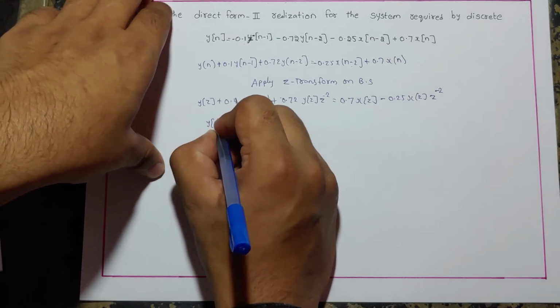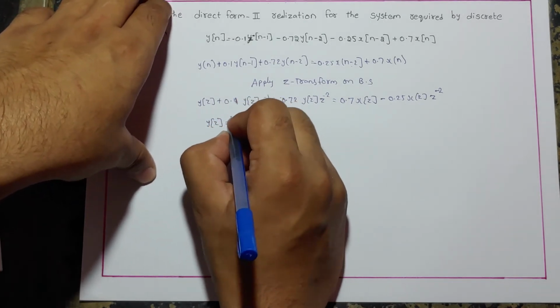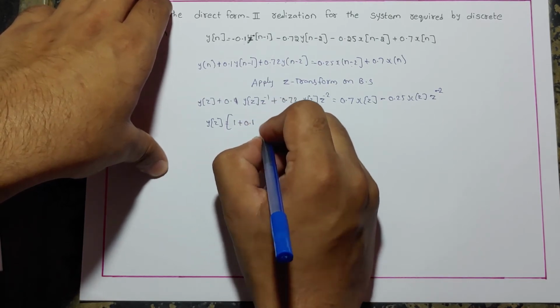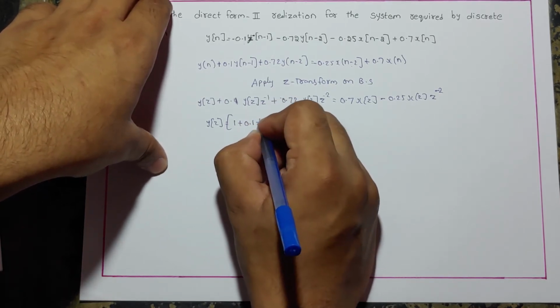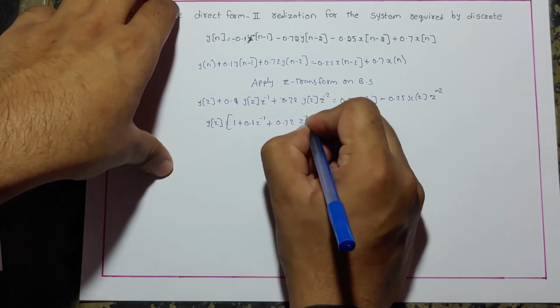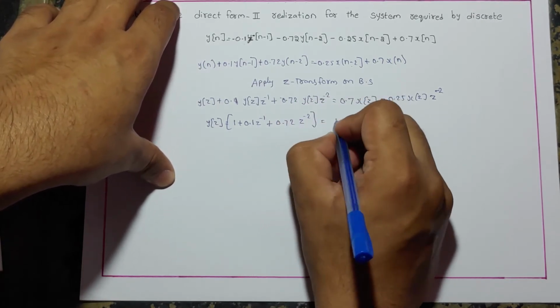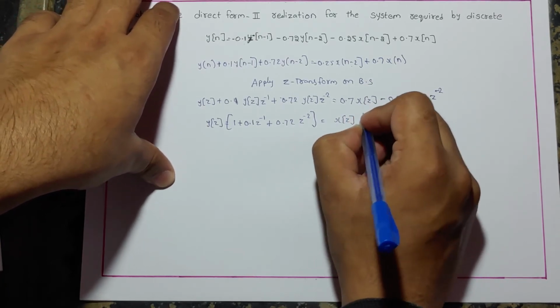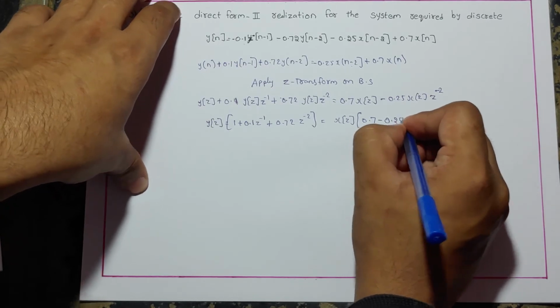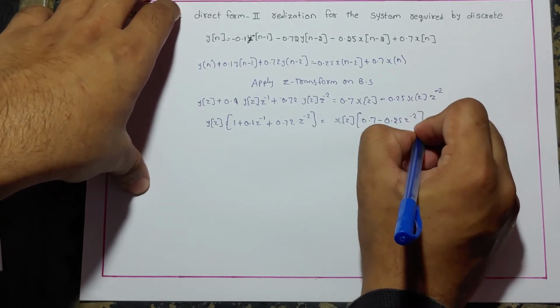Y of z common into 1 plus 0.1 times z power minus 1 plus 0.72 times z power minus 2 is equal to x of z into 0.7 minus 0.25 times z power minus 2.